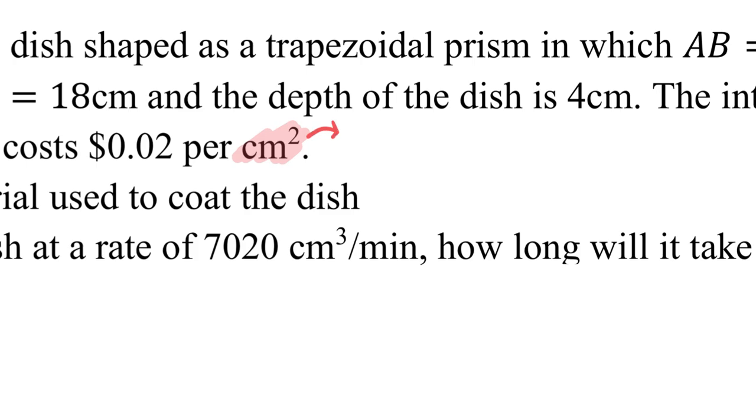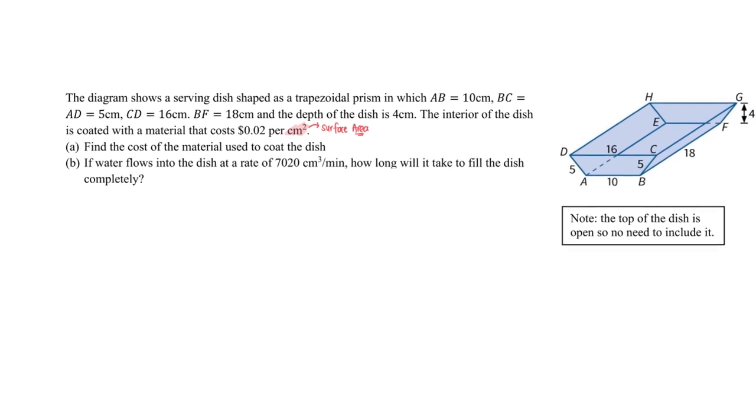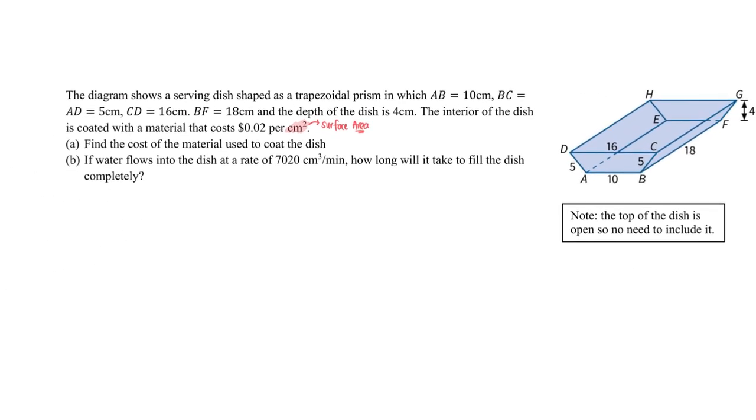This means that we are looking at the surface area, because the unit of an area is cm square. So with that in mind, find the cost of the material to coat this dish, and we are only coating the interior of this dish.